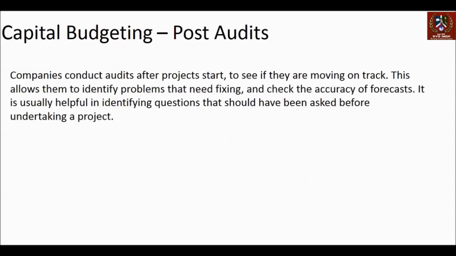Now let's understand what can be done. So a manager could give a biased forecast, a middle manager, but that should be caught in the form of some sort of a post audit. So companies conduct audits after projects start to see if they are moving in the right direction.